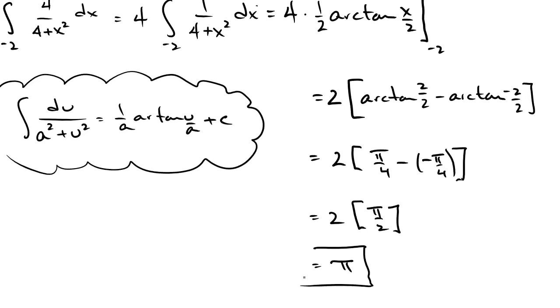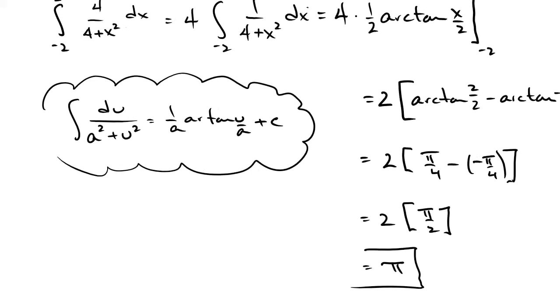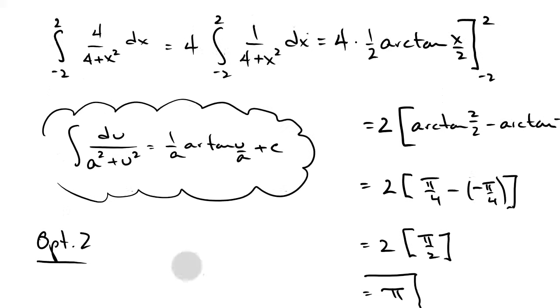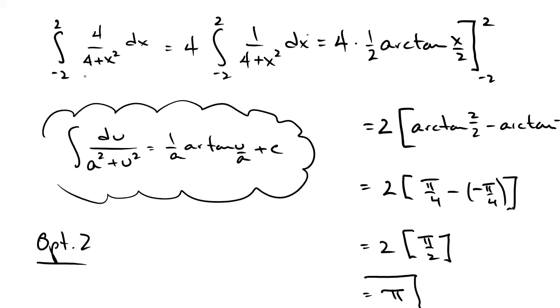One other option that we could have seen in the very beginning is if we had recognized that our original integral right here was the integral of an even function.